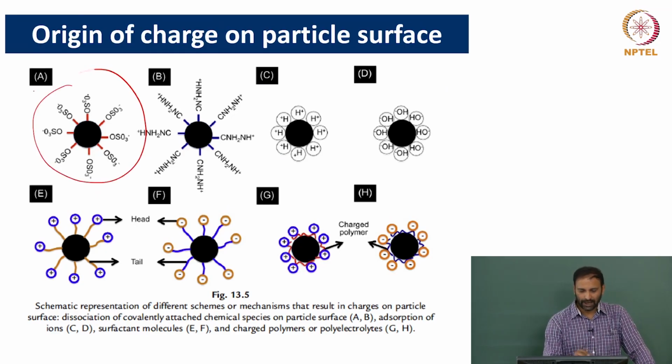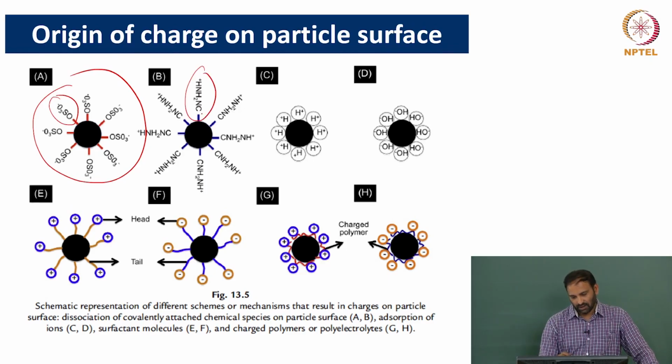This is an example where you have an OSO3 minus group, that gives a negative charge, and you have an NH2 plus group here, that gives a positive charge on the particle surface.